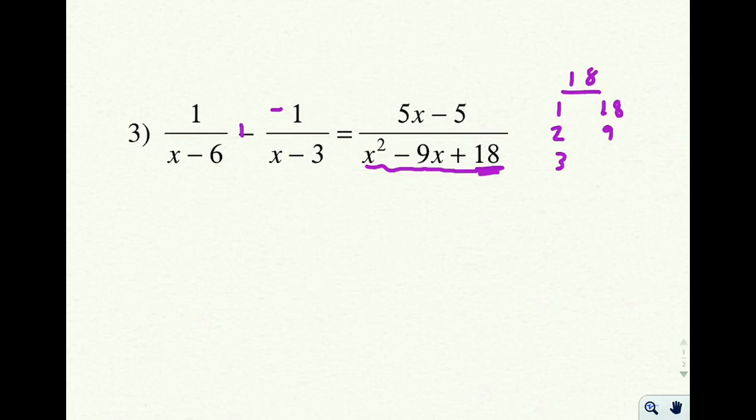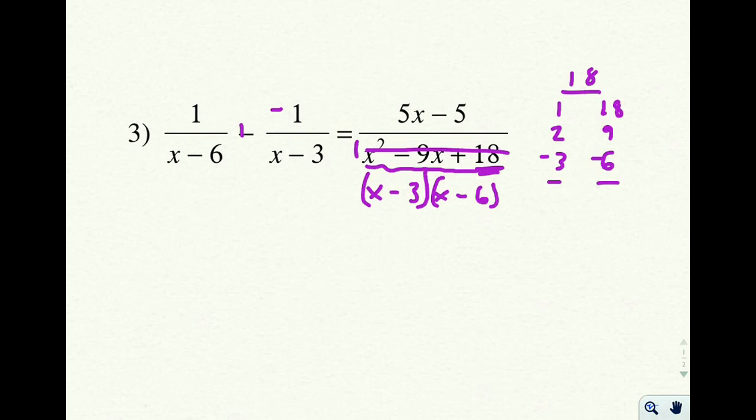If you're thinking through these numbers in your head, you might have come up with 3 and 6. They both need to be negative to multiply to positive 18, but add to a negative 9. Because this is a 1 out front, I can do one-step factoring, x minus 3, x minus 6. I can take my numbers and go straight to my factors.